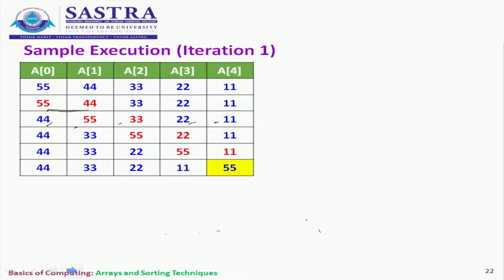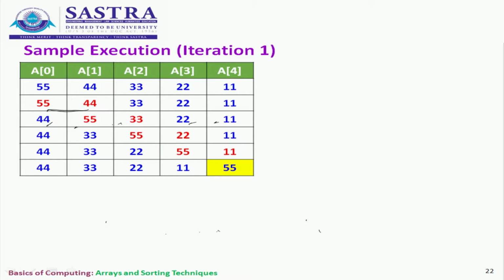For the next iteration, we take the elements in position 1 and position 2. Initially we compared A of 0 and A of 1, identified that the first element is greater, so we went for swapping. So 44 and 55 have been exchanged and now this is the present array. Then we compare A of 1 and A of 2.